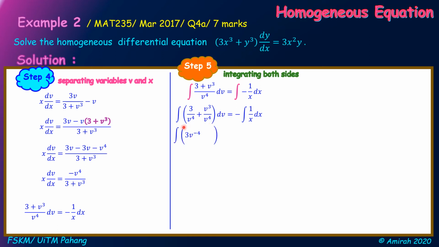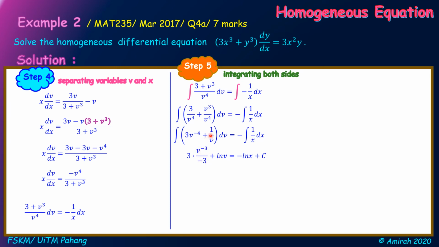Then we simplify using properties of indices, so we have 3 v to the power of negative 4 plus 1 over v. Then we integrate one by one. We integrate 3 v to the power of negative 4, so we have 3 times v to the power of negative 3 over negative 3 using the power rule.